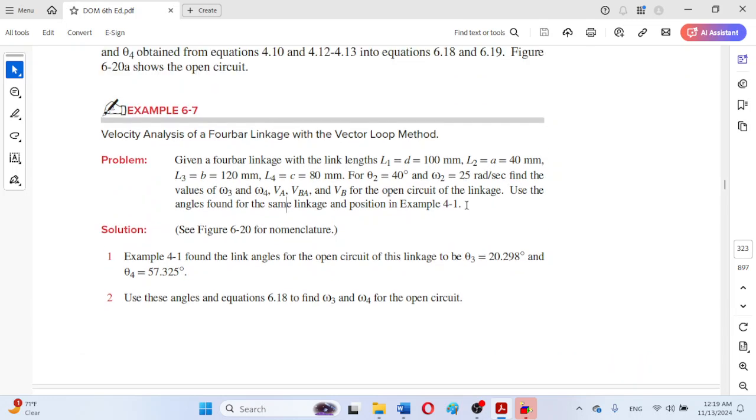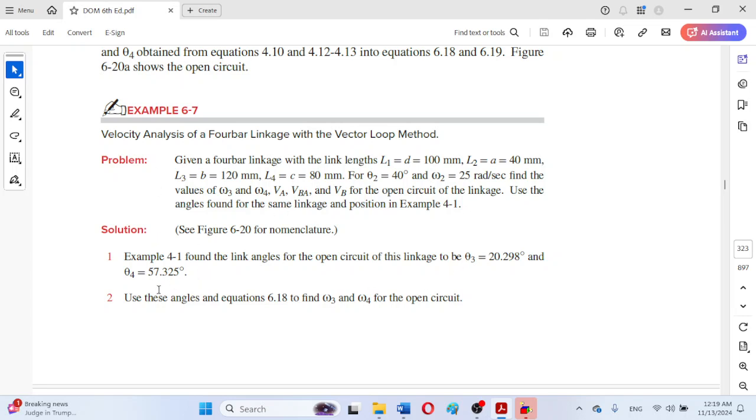To apply this method of instantaneous centers, we must complete the position analysis before proceeding.